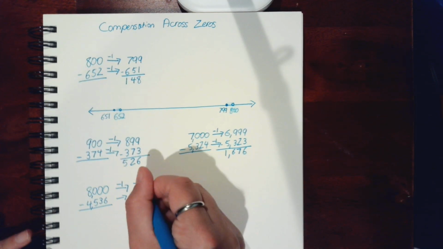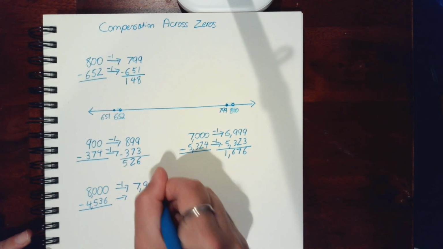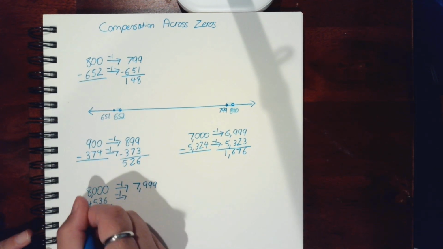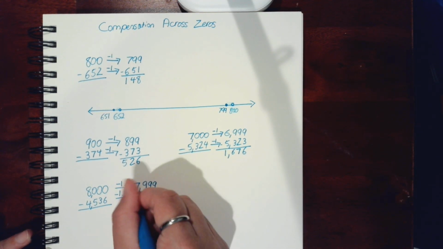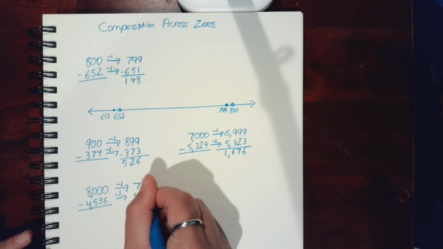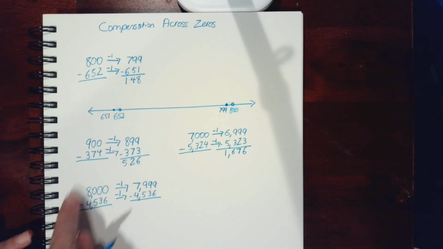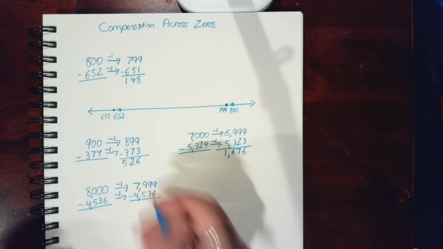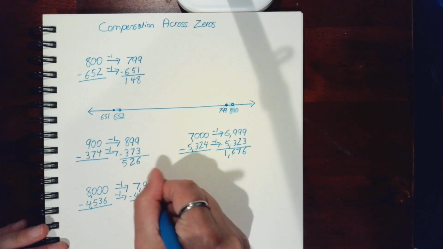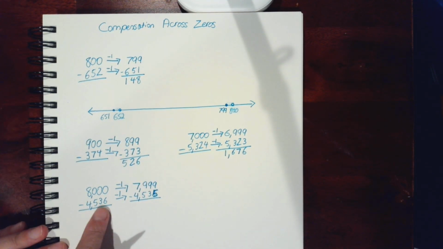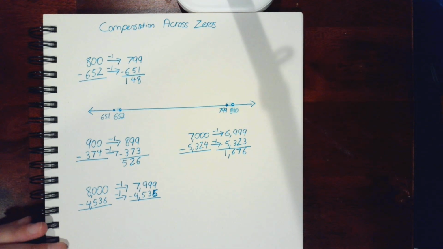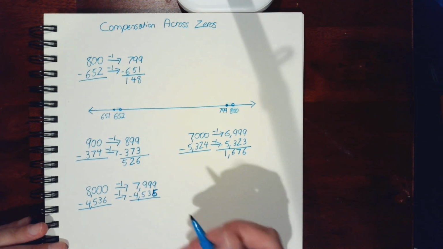That will be 7,999. And if I take 1 away from my subtrahend, that would be 4,535. Just taking 1 away. It's whatever comes right before the number that you're looking at.